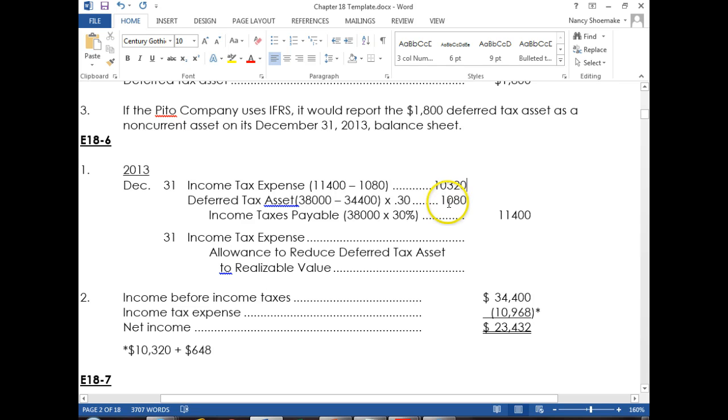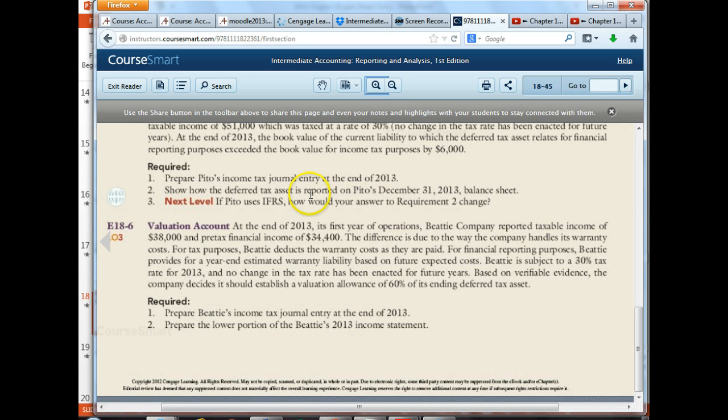Then we want to create an allowance to reduce the deferred tax asset to realizable value. So they want us to do a valuation allowance of 60%. Based on verifiable evidence, the company decides it should establish a valuation allowance of 60% of its ending deferred tax asset.